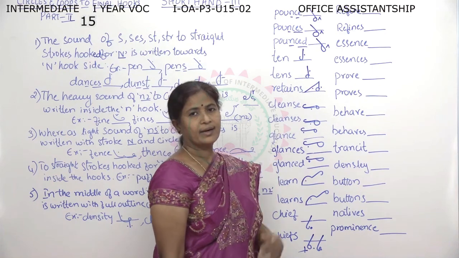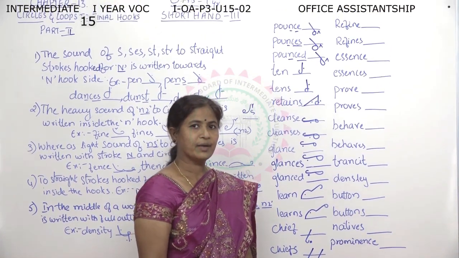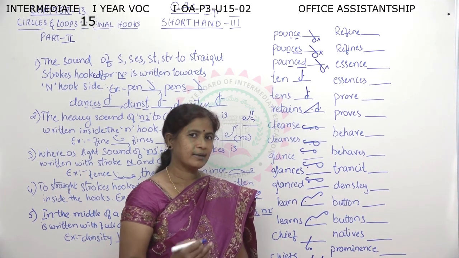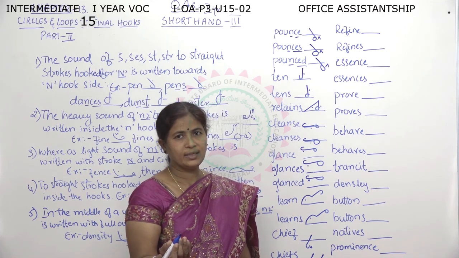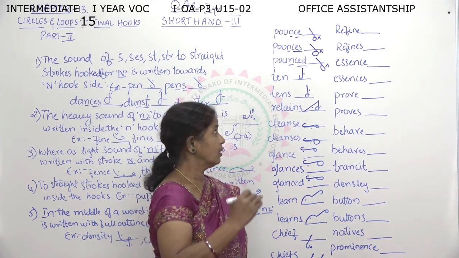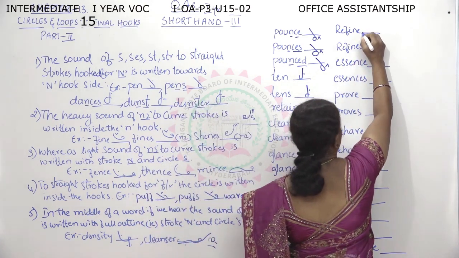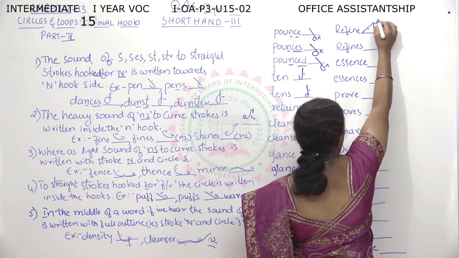Now, refine. What are the strokes we hear? Refine. Now, which R to be written? ఏ R రాయాలి మనము? Refine. Re. There is a vowel after R, so naturally we write upward R. Now, refine. F and N. Re, F and N. Refine.